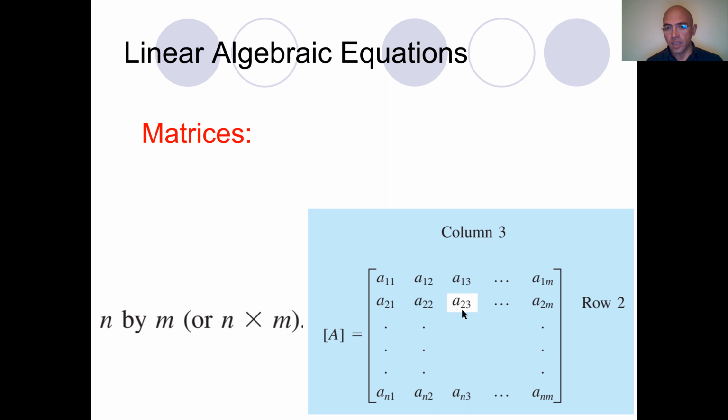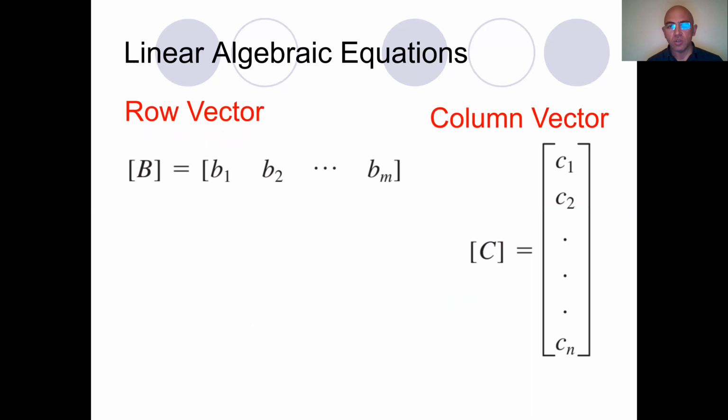In this case, it is A2. And the second number shows the column number. It is 3 in this case. So this is A23. Okay, it is the member of the matrix in the second row, third column. You may choose different members or elements of the matrix.